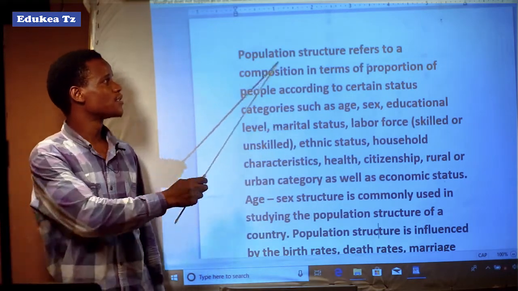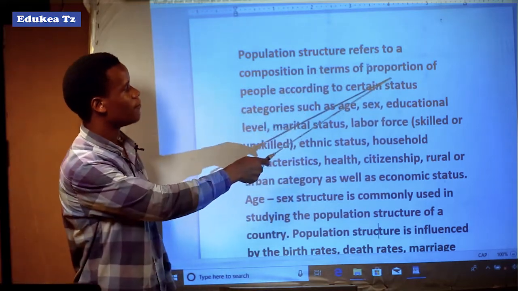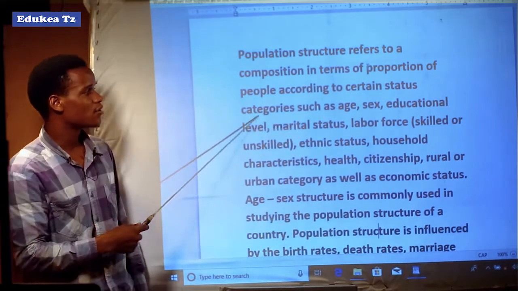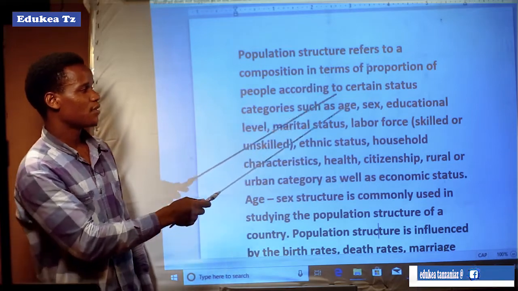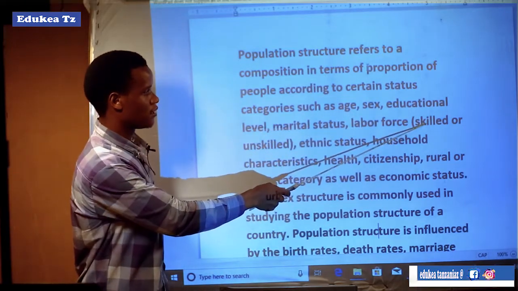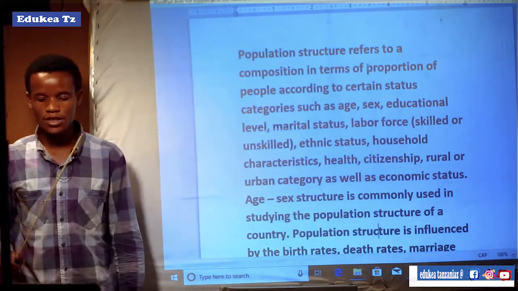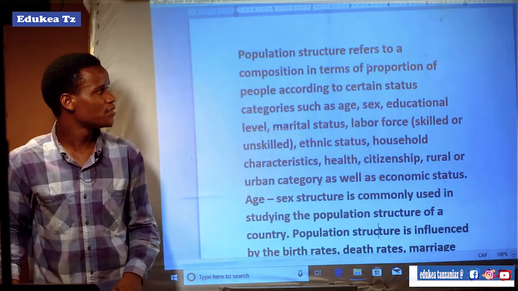So, population structure refers to the composition in terms of proportion of people according to certain stated categories such as age, sex, education level, marital status, labor force, skilled or unskilled, ethnic status, household. Here we are going to see the different proportions.